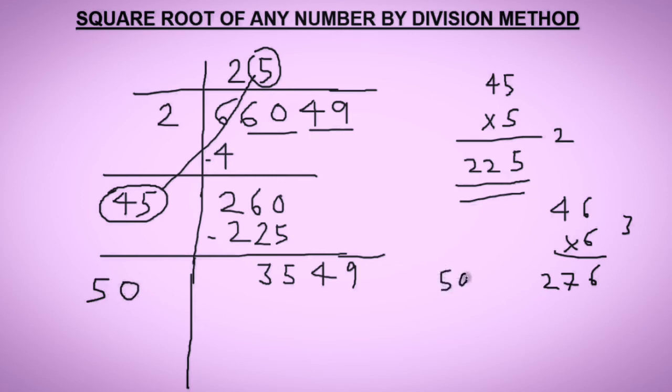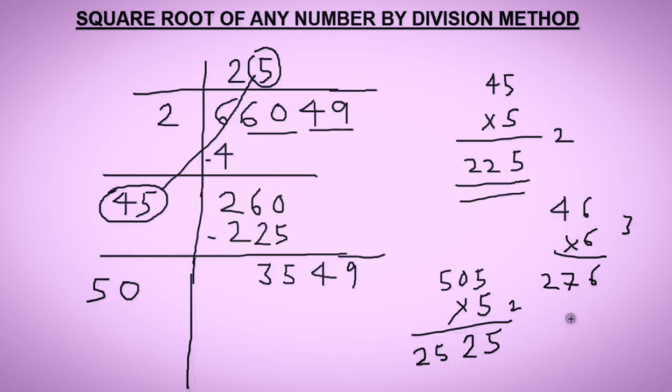Now in 50 we have to add one unit digit such that our number should be less than or equal to 3549. So randomly I am taking 5, and if you solve this, 5 times 5 is 25. It is still less than our new dividend. So we are moving to the next possible number.